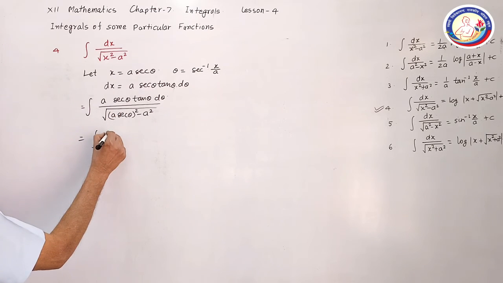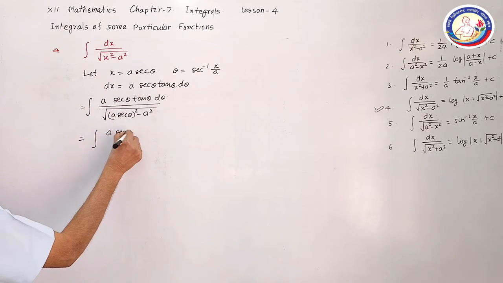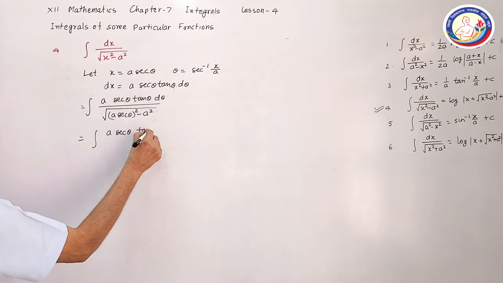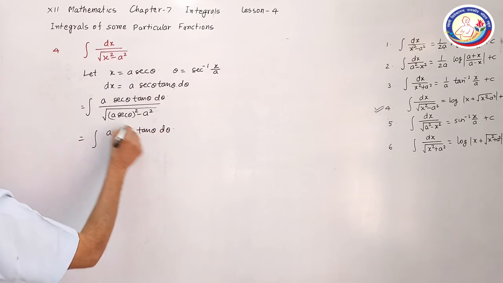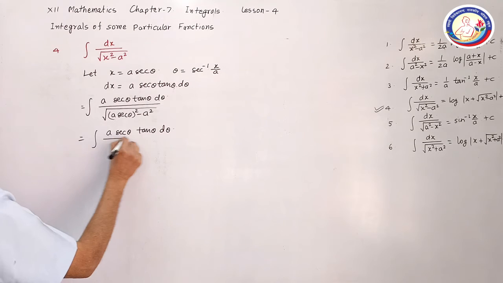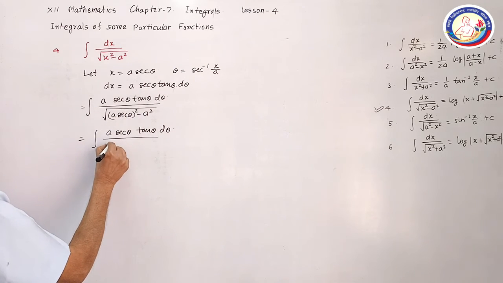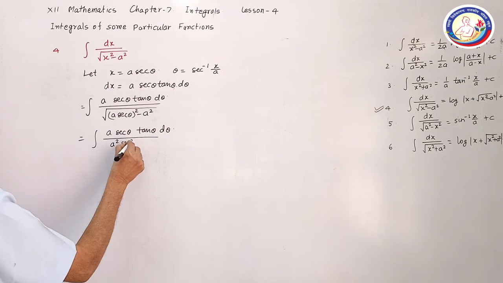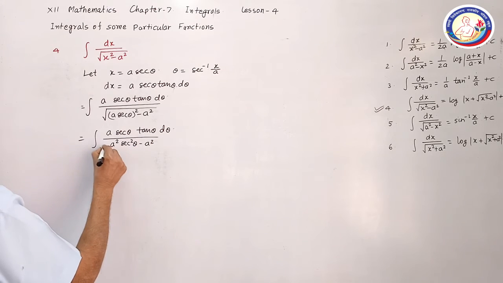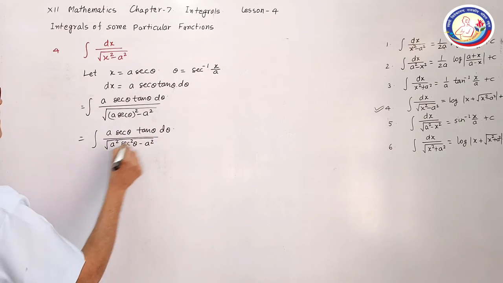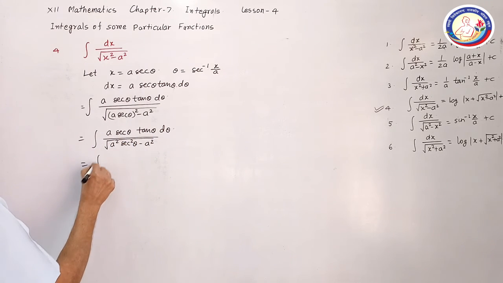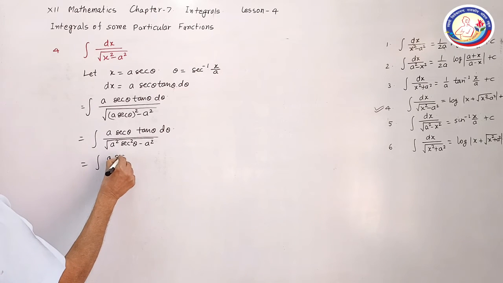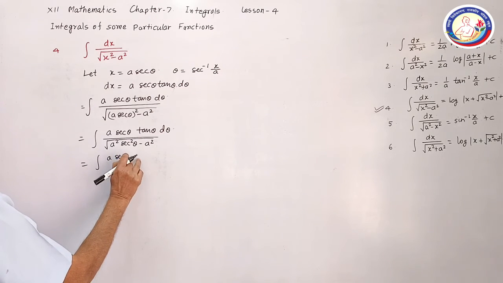Solve it further. A sec theta tangent theta d theta, and a square is common here, and square root of this whole. Now further solve it. Numerator is same here. We can't do anything.